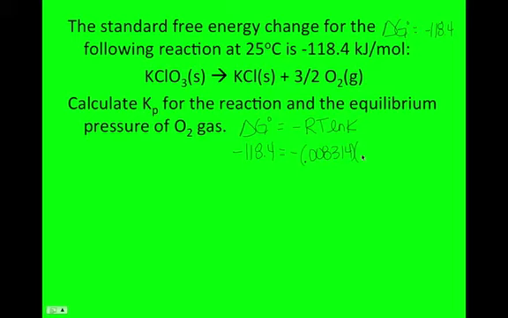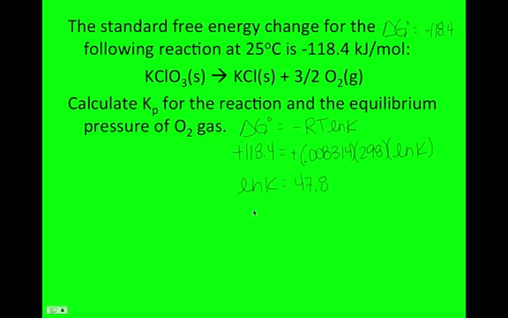Multiply that by the temperature. Temperature is 25 degrees Celsius, so we're dealing with 298 Kelvin. And then multiply that by ln of K. We don't know what K is. So you rearrange all of this, and the negatives cancel, first of all, and you end up with the natural log of K is equal to 47.8.